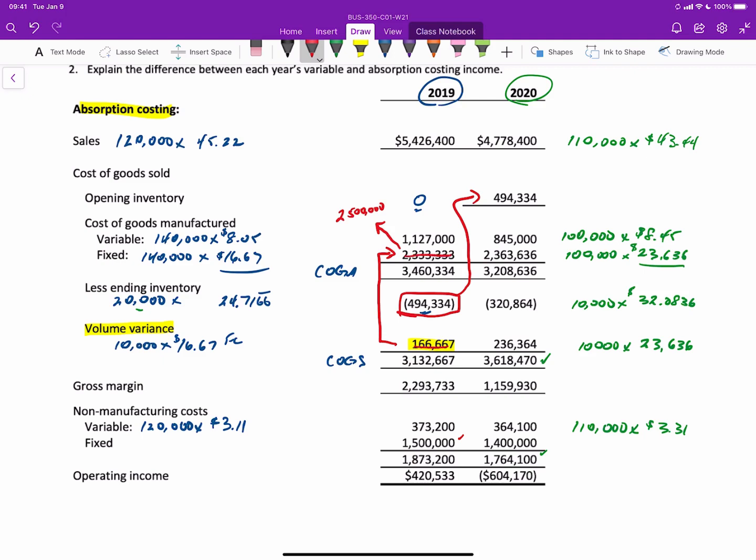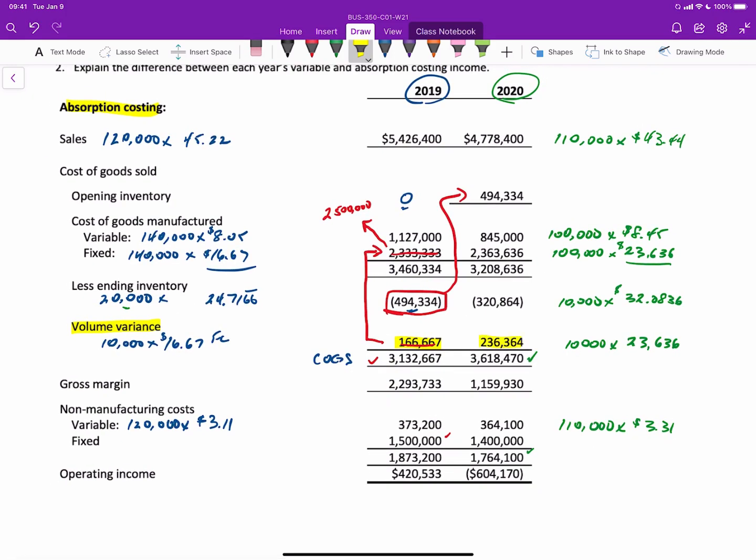And then basically ignore the volume variance altogether. We would still end up with cost of goods sold, of course, of $3,132,667. And this line item up here is actually not cost of goods available. That's my error there. In the second year, we could have done the same thing. $236,364 could actually have been included here for $2,600,000 instead of separating them both.